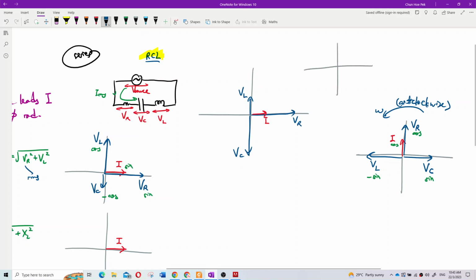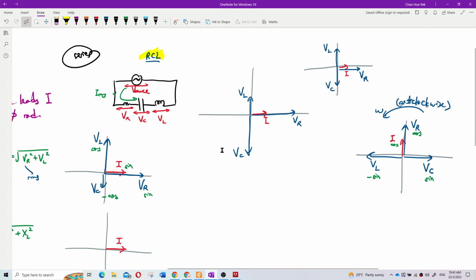It depends on how big the capacitive reactance and inductive reactance, XC and XL, are. So VL can be equal to VC.